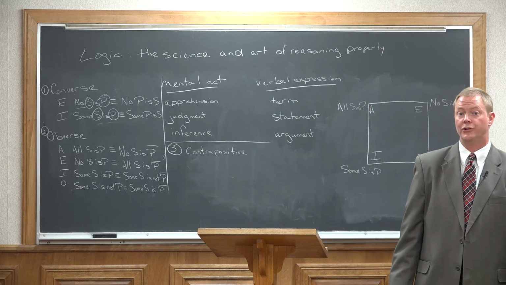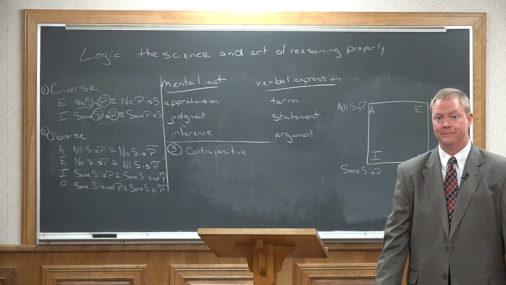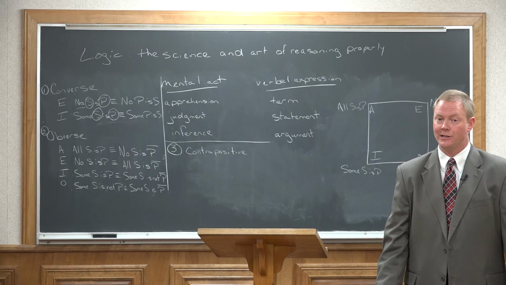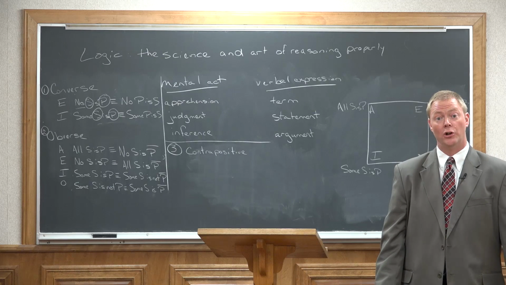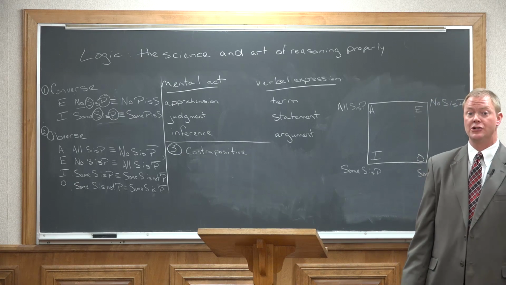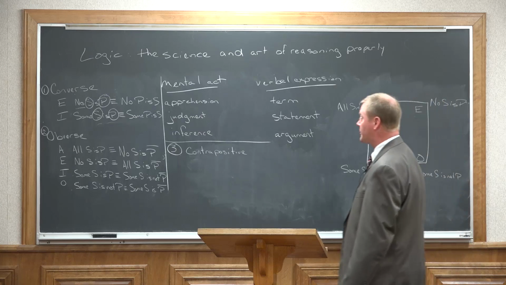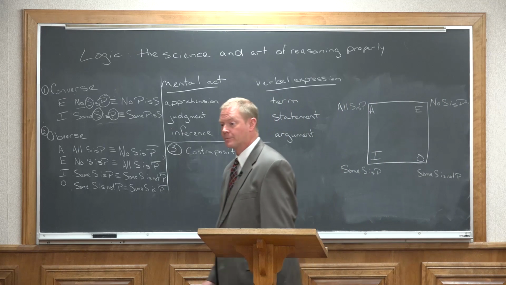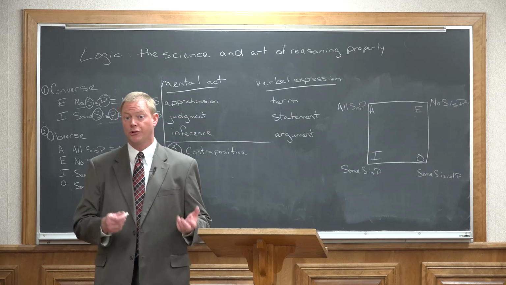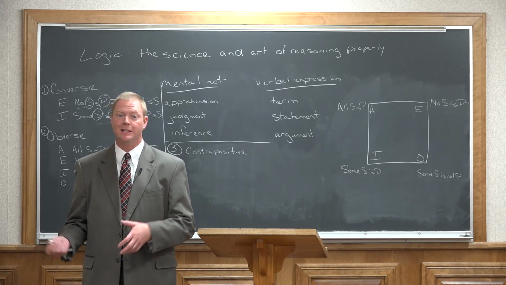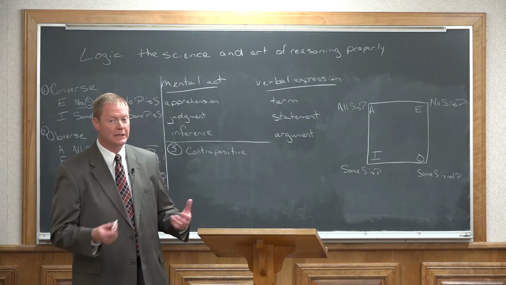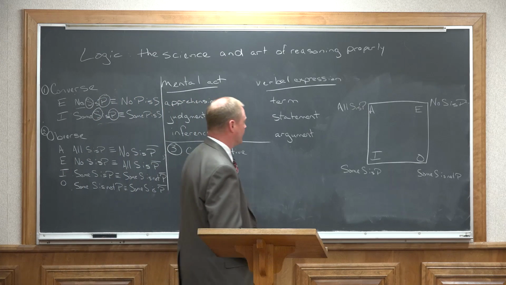All fathers are men is not logically equivalent to all men are fathers. All mothers are women is not logically equivalent to all women are mothers. So it works sometimes, but sometimes it doesn't. And because it doesn't work sometimes, it doesn't work anytime. We can't make it work on that.